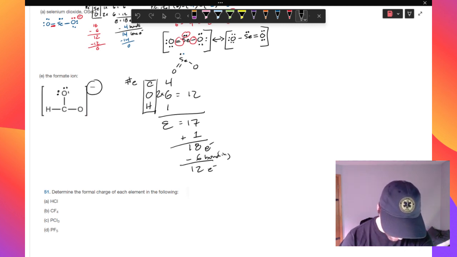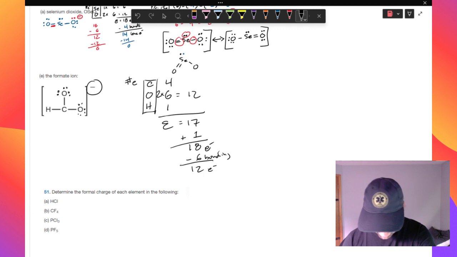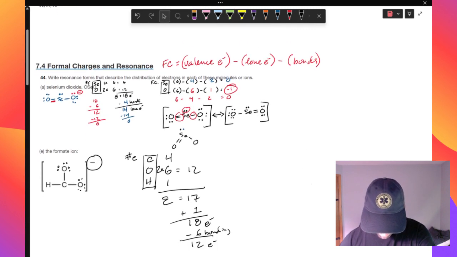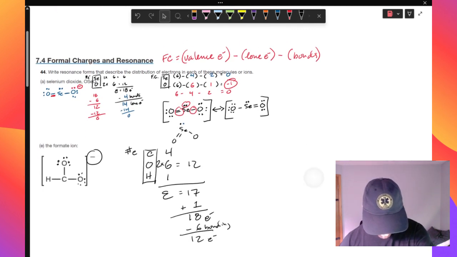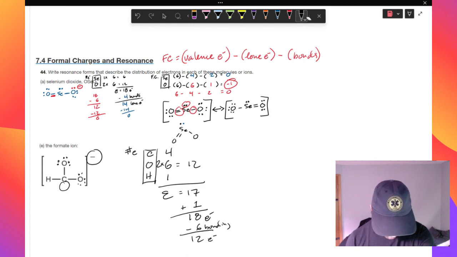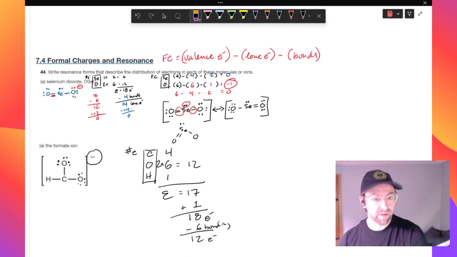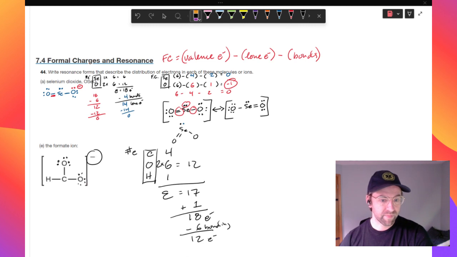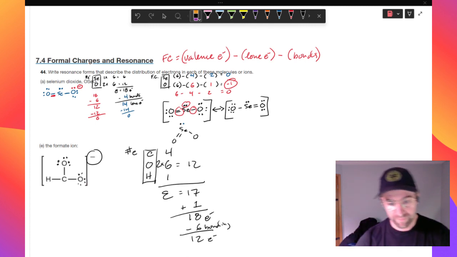So we could just draw them here around our oxygens, but 2, 4, 6, 8, yeah, that would work in terms of having a full octet around them, but we don't have any around carbon here. We're missing electrons. Electrons are unaccounted for, so that's not going to work.